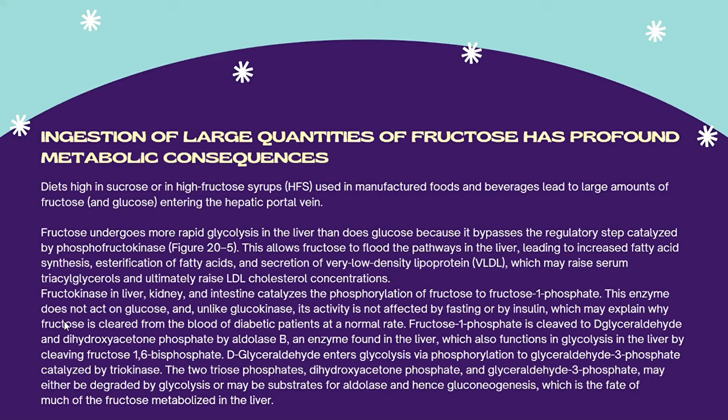Although fructose undergoes more rapid glycolysis in the liver than does glucose because it bypasses the enzyme phosphofructokinase. This allows fructose to flood the pathway in the liver, leading to increased fatty acid synthesis. No? Why? Because there's plenty of acetyl-CoA that will be formed.